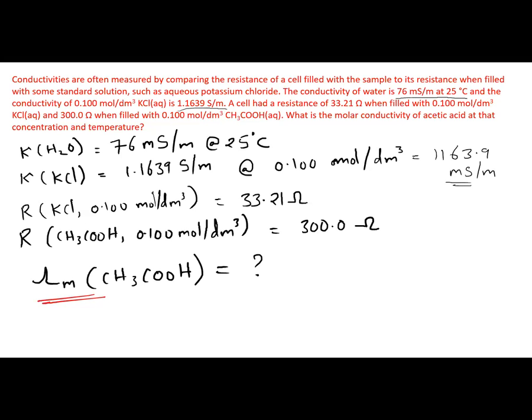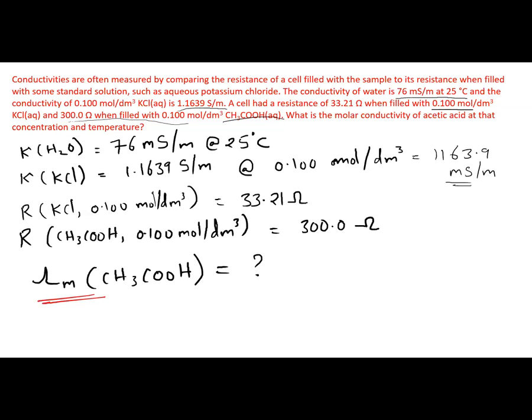A cell had a resistance of 32.21 ohms when filled with 0.100 mole per dm cube KCl, and 300 ohms when filled with 0.100 mole per dm cube acetic acid solution. What is the molar conductivity of acetic acid at that concentration and temperature?